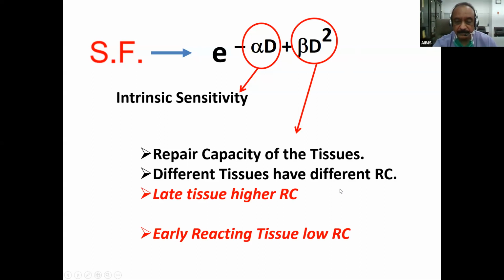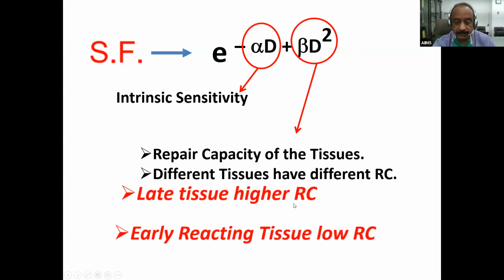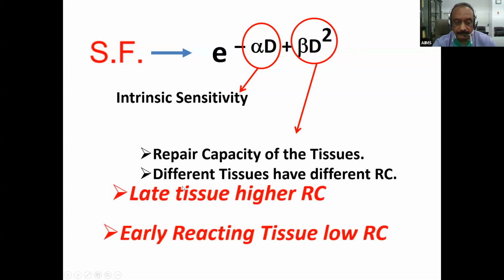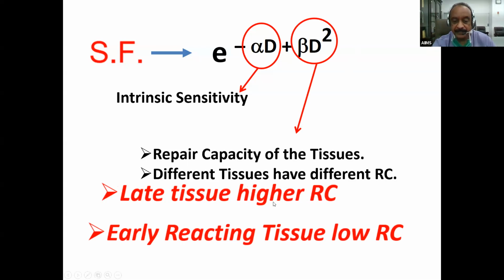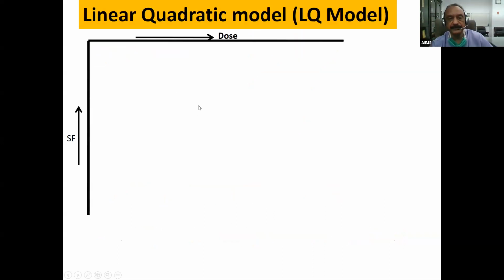As a rule of thumb, a very important message for all of you: late reacting tissue have higher repair capacity, the early reacting tissue have low repair capacity. So kindly remember this very important message. I again repeat, late tissue have higher repair capacity, the early reacting tissue have low repair capacity.